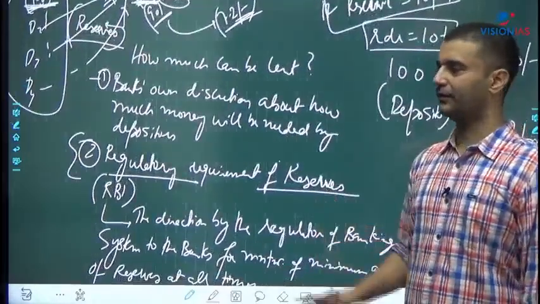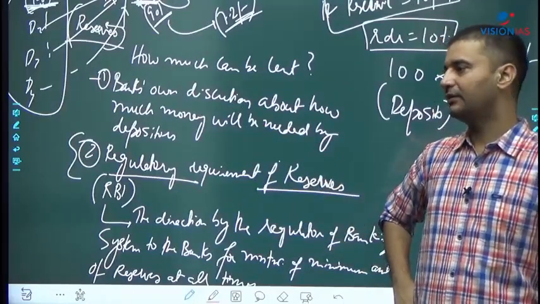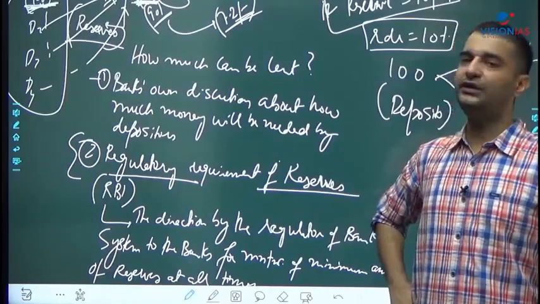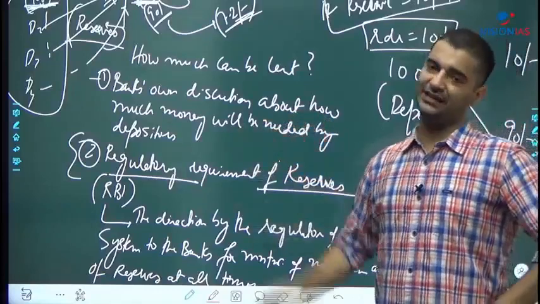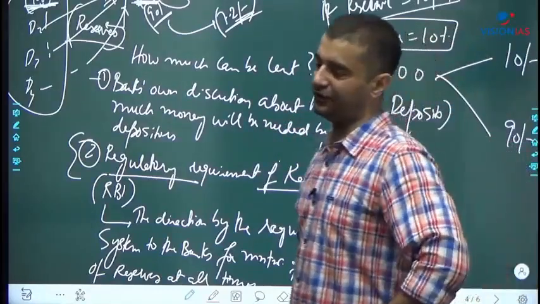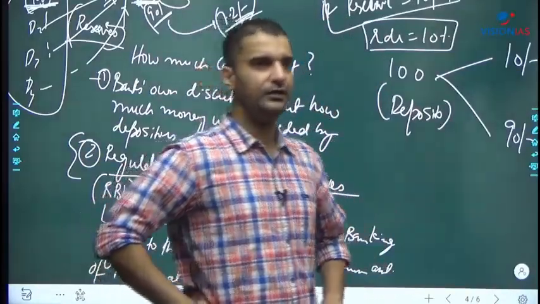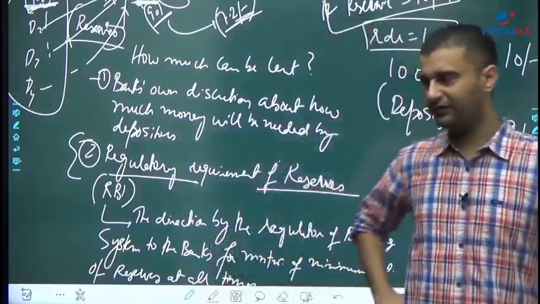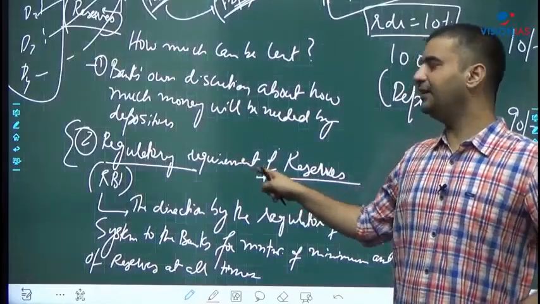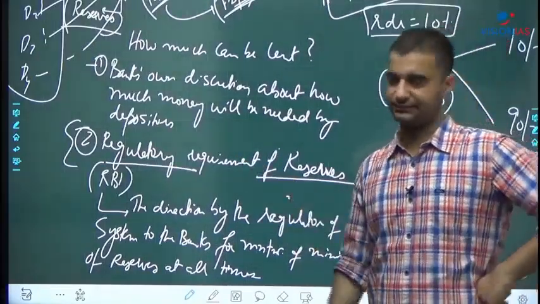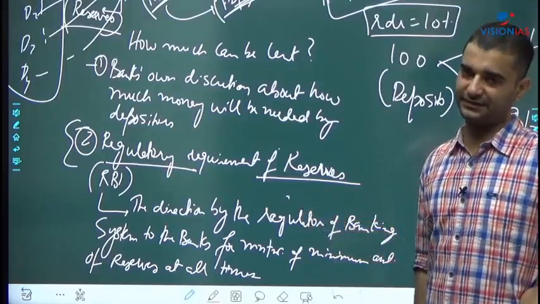First, banks' own discretion about how much money will be needed by the depositors. And second, the regulatory requirement of reserves.